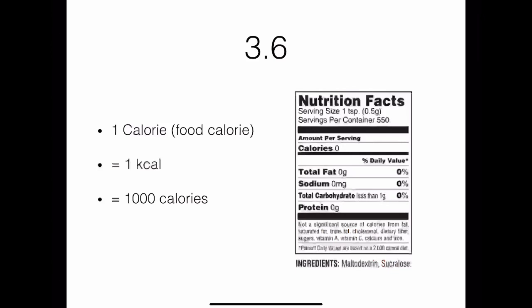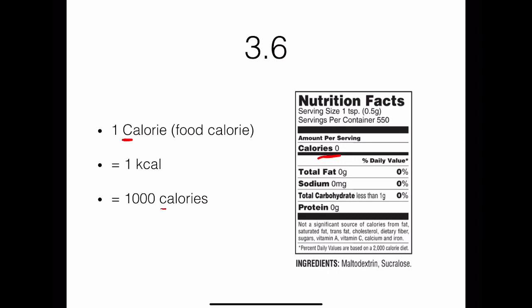Now, this is a little bit different than the calories you know of as food calories. The food calorie is actually 1 kilocalorie, or 1,000 of those little calories. Remember, kilo means 1,000. So we differentiate between little calorie and big calorie by saying big C and little c. The big C, or a kilocalorie, is what you would see on your food labels.